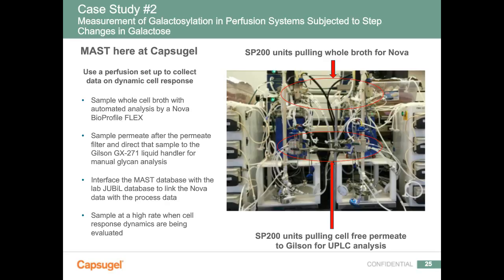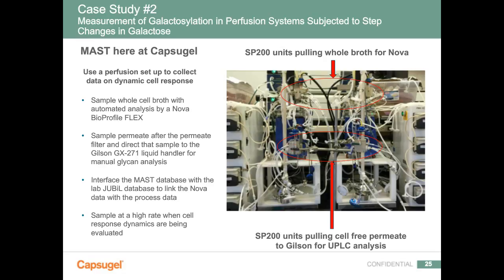Here we sampled whole cell broth. You see on this picture there are two bioreactors, both running in perfusion. In the upper red circle, you'll see the sample pilot that's connected to the bioreactor, pulling cell broth for automated analysis by the Nova. And in the lower red circle, you see we also have another sample pilot on the permeate outlet.